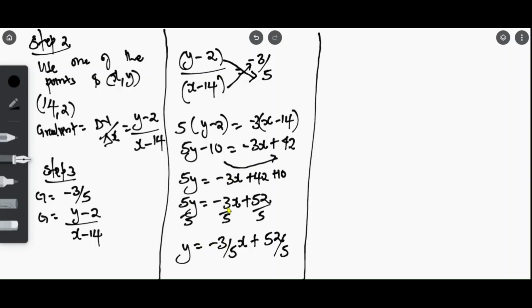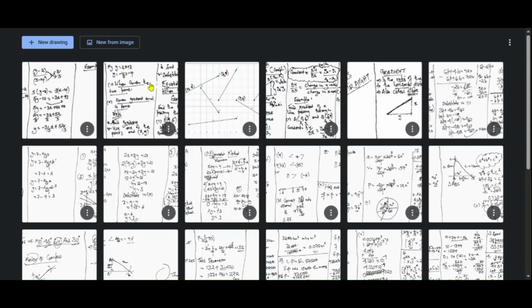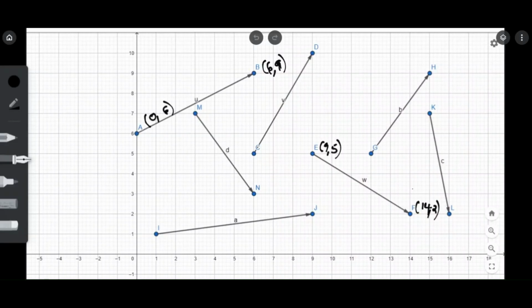So when I am given the 2 points, let me have the last example on this. So let me have another example. The other line that is passing through the other 2 points. Let me pick a line like this one, ij.